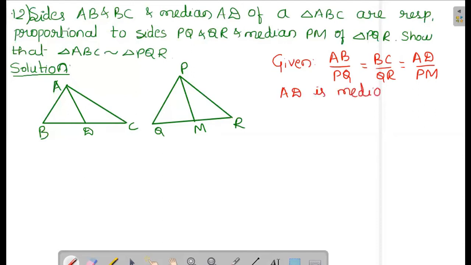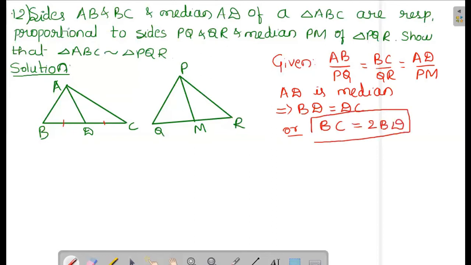So what does it imply? Median means definitely BD is equal to DC. This implies BD is equal to DC, or BC is equal to 2BD. Am I right? BC is equal to 2BD.